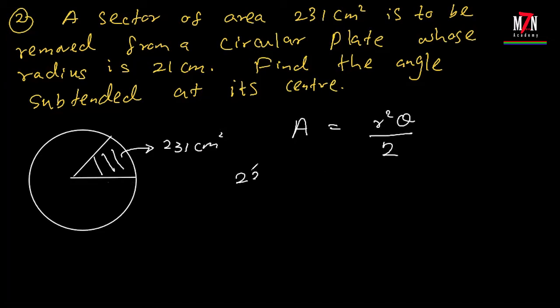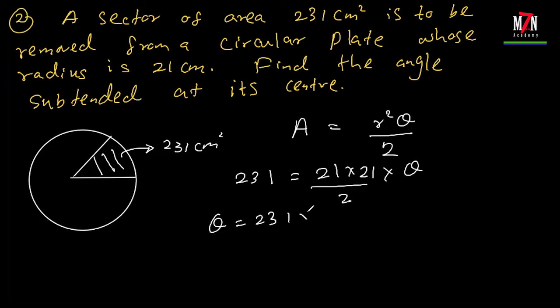So area is equal to 231. Instead of r squared, we can write 21 into 21 into theta over 2. So theta will equal 231 multiplied by 2 divided by 21 into 21.